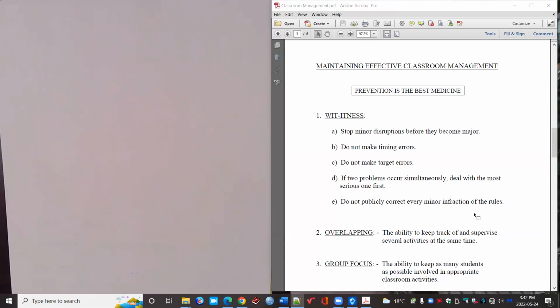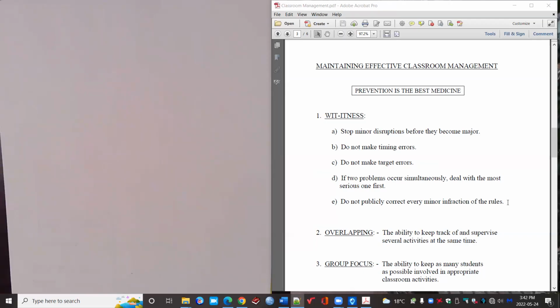The next one: do not publicly correct every minor infraction of the rules. Sometimes you just deal with the person privately.